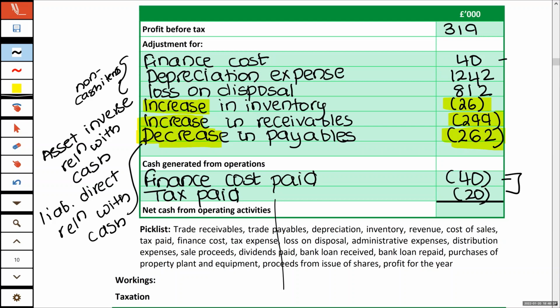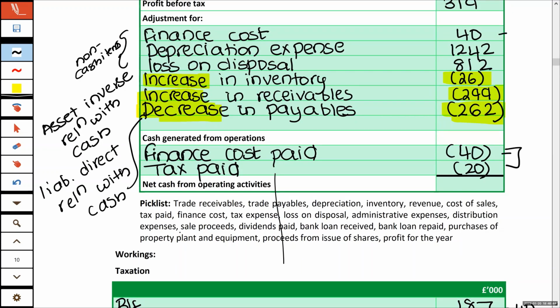So now, if you total this up, i.e. take your 319 plus the 40 plus 1242 plus 8112 and minus these numbers, could you tell me what you get as your net cash from operating activities?